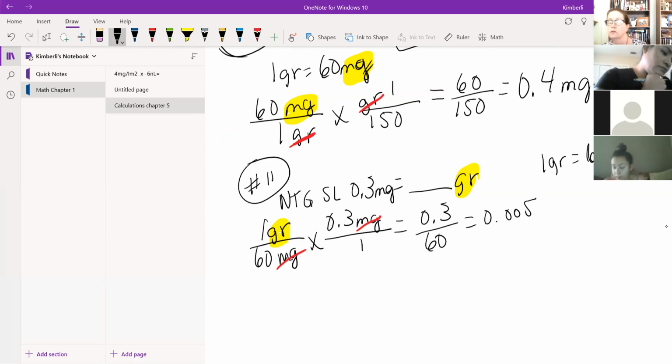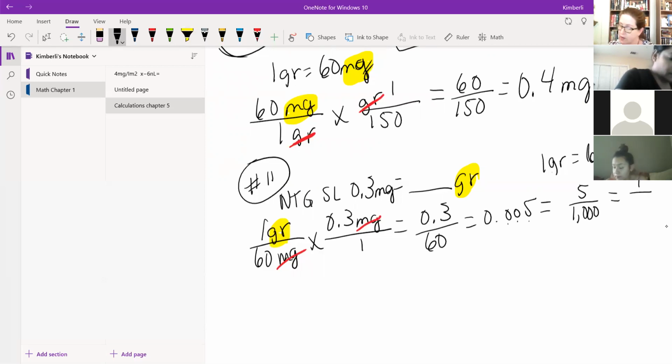Okay, 0.005. And in grains, in this particular problem, we're looking for the way that nitroglycerin writes it, which is 1 over a number, right? So what I have here is 5 over, there's the tenths, hundredths, 1,000ths place, 5 over 1,000. And if I divide 5 in the top, I get 1.